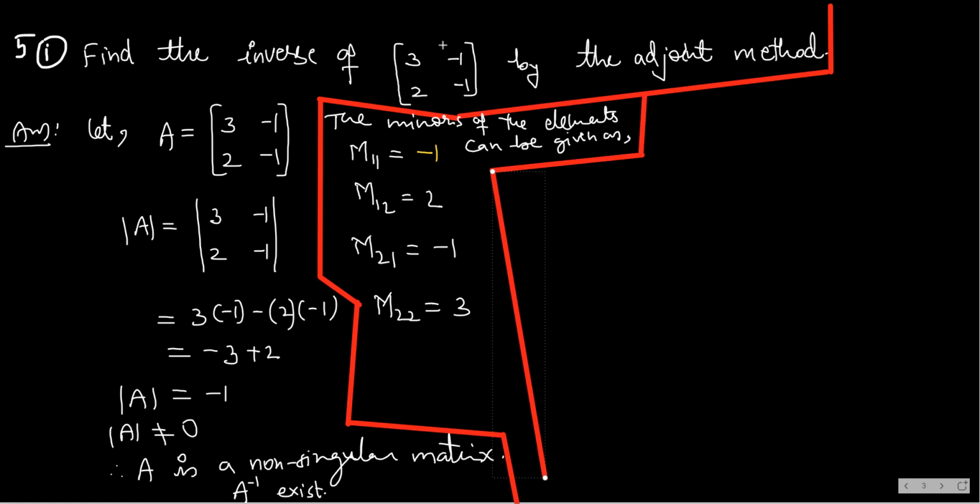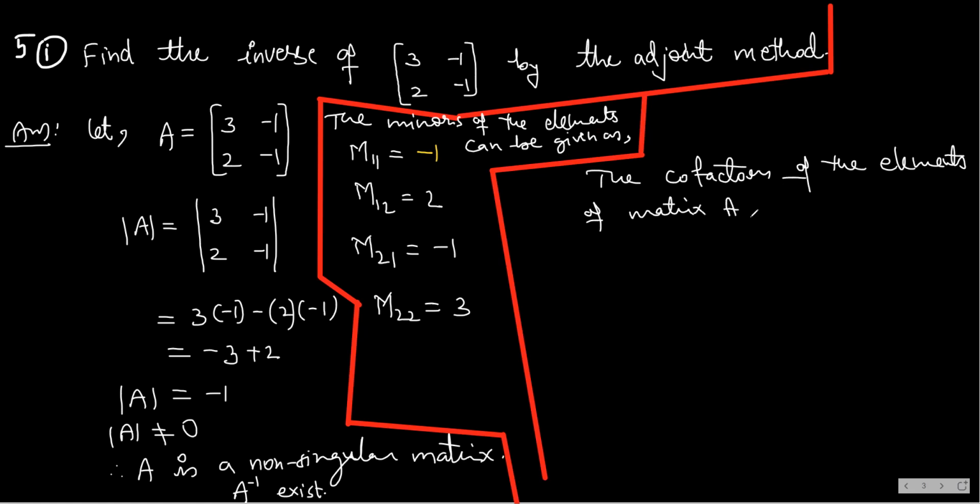Now I go for the cofactors. The cofactors of the elements of matrix A can be given as follows.